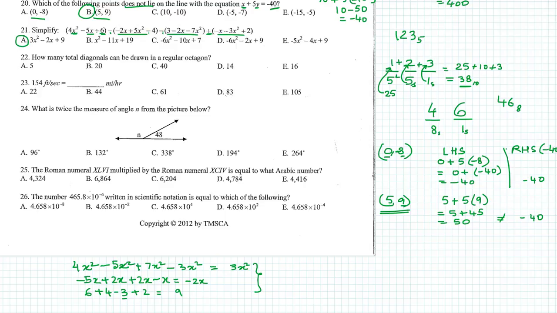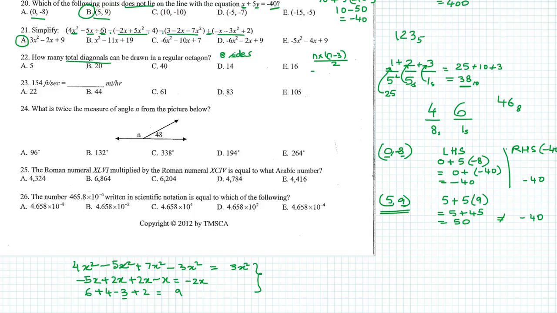Question 22. How many total diagonals can be drawn in a regular octagon? So an octagon has 8 sides. The formula for determining the total diagonals in any polygon is n times n minus 3 divided by 2, where n is the number of sides.